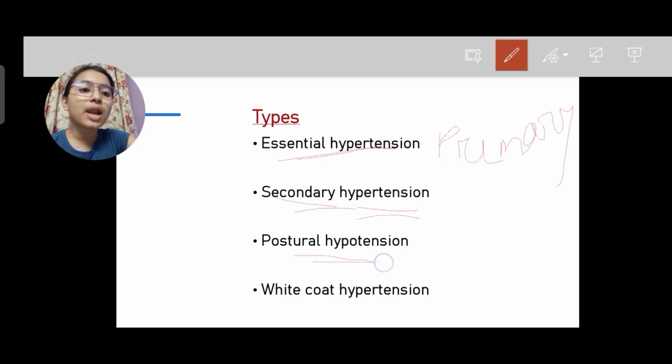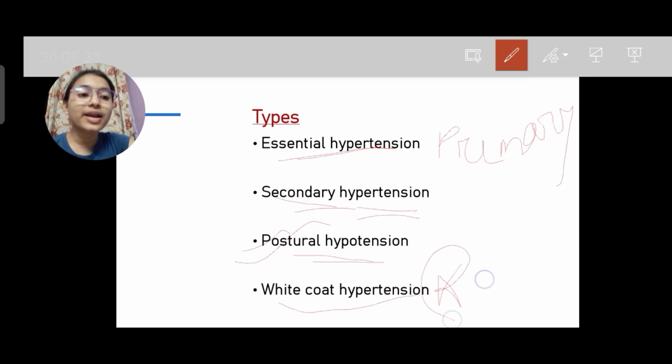Now the postural hypotension, I already told what postural hypotension is. If a person suddenly stands up from a prolonged lying down position, then the BP falls. If the systolic BP falls 20 mm of Hg and the diastolic BP falls 10 mm of Hg within 3 minutes of standing, then we call it postural hypotension. Now white coat hypertension, it is very interesting.